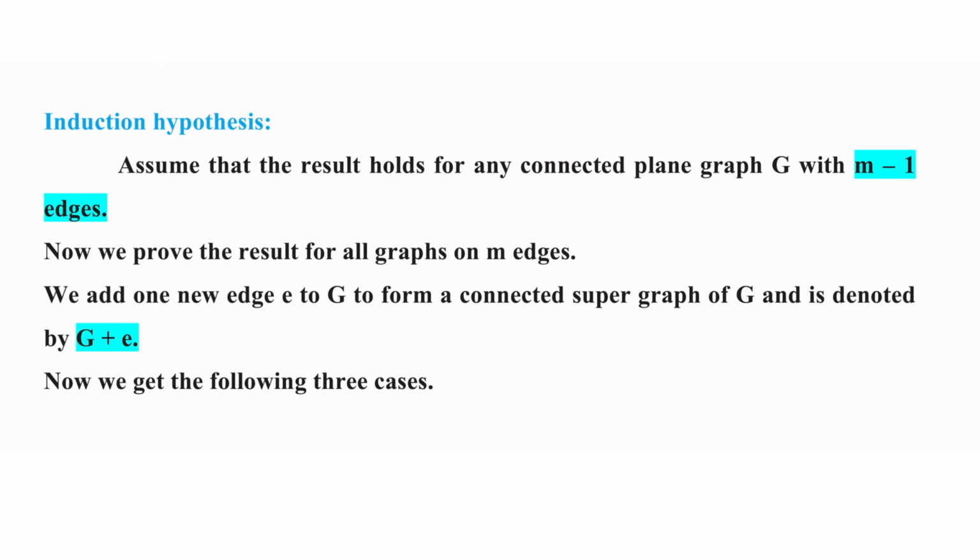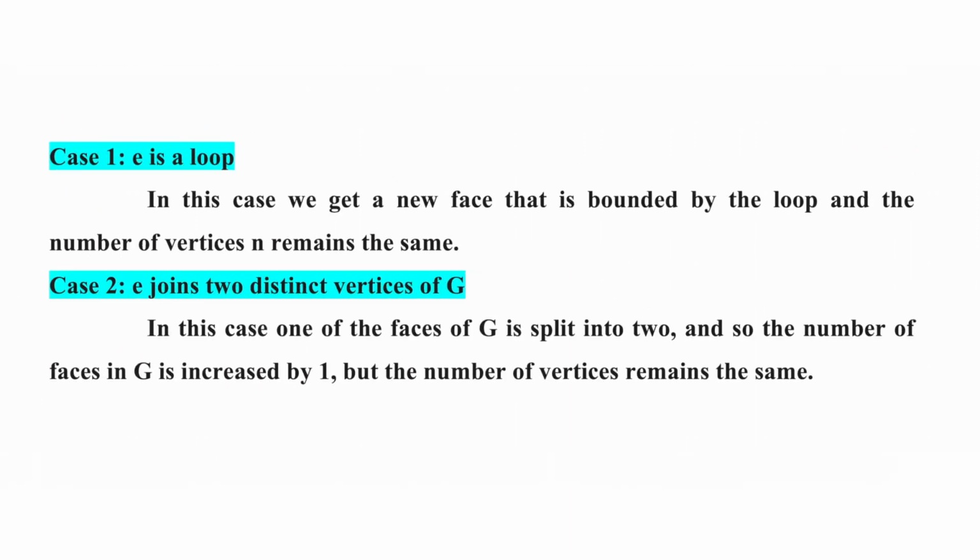We add one new edge e to G to form a connected supergraph of G, denoted by G plus e. Now, we get the following 3 cases. The first case is e is a loop. In this case, we get a new face that is bounded by the loop, and the number of vertices n remains the same.